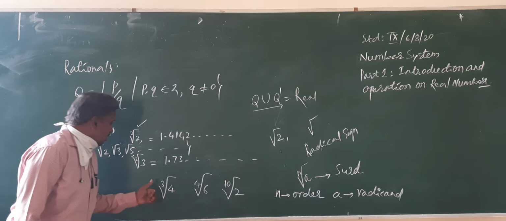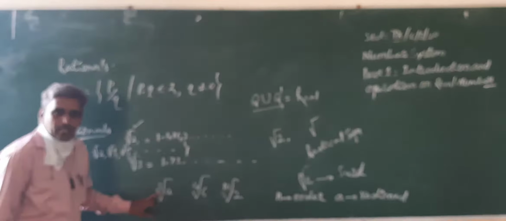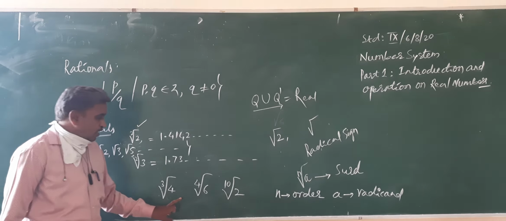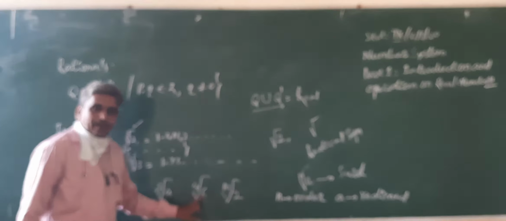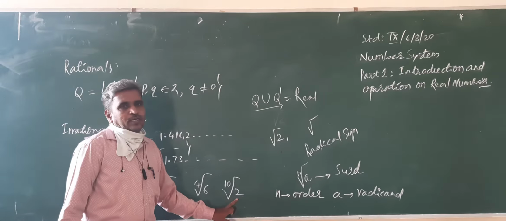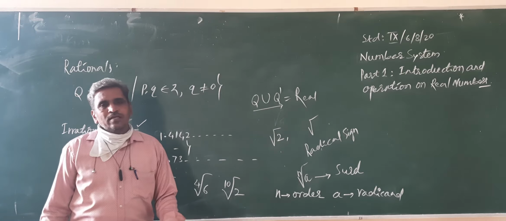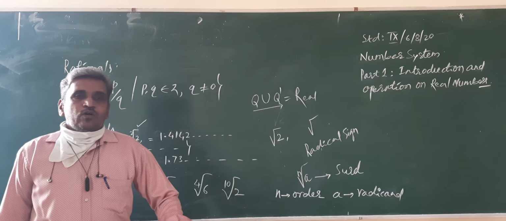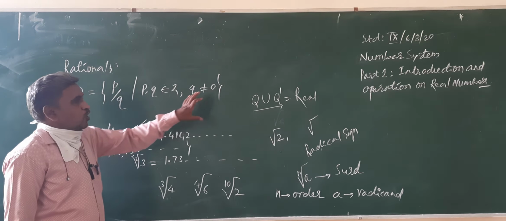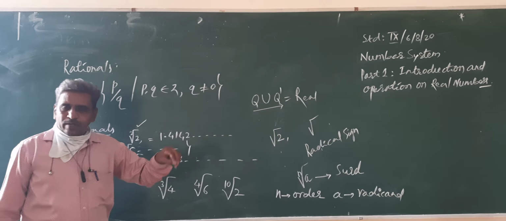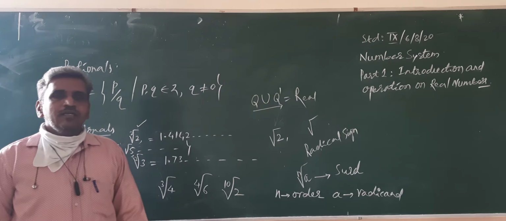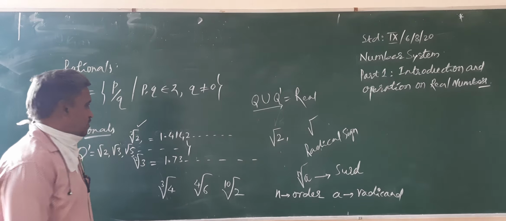So for example, the order is 3 and the radicand is 4; order 4, radicand 6; order 10, radicand 2. Such numbers are said to be irrational numbers. Today we want to know how we are going to operate on real numbers, particularly irrational numbers.